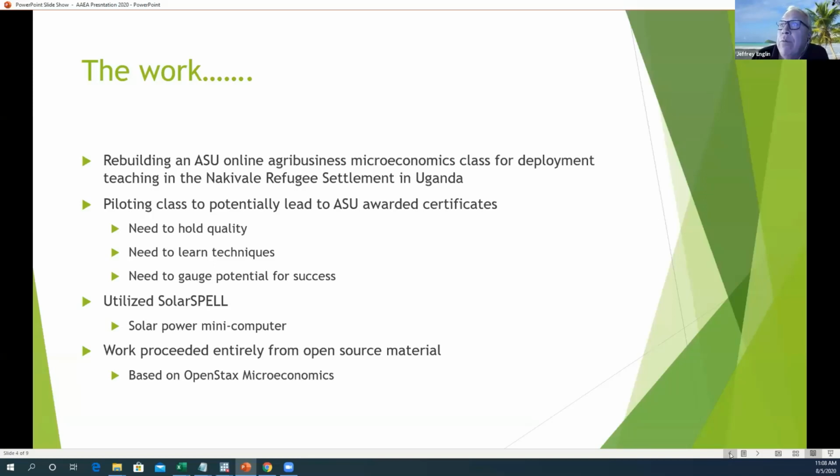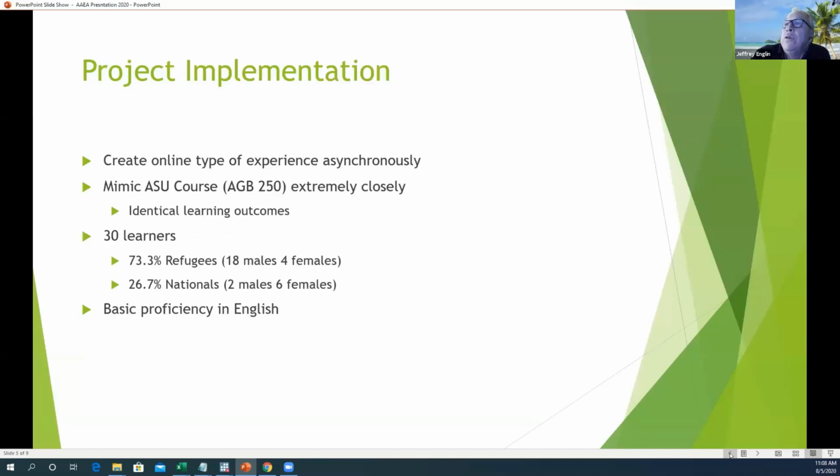That was wonderful. So one of the challenges is, of course, this has got to be asynchronous. I can't actually be online with the students. They've got one hotspot in the camp.